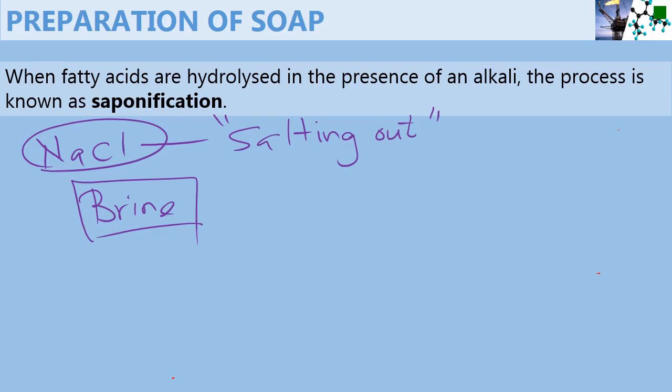The contents are allowed to settle, and then the solution will contain mainly brine and glycerol, which sinks to the bottom, and soap that floats on the top. The brine glycerol water mixture is drained off using a tap or decanted off, and the soap is left behind. Well, that is the way soap is made.